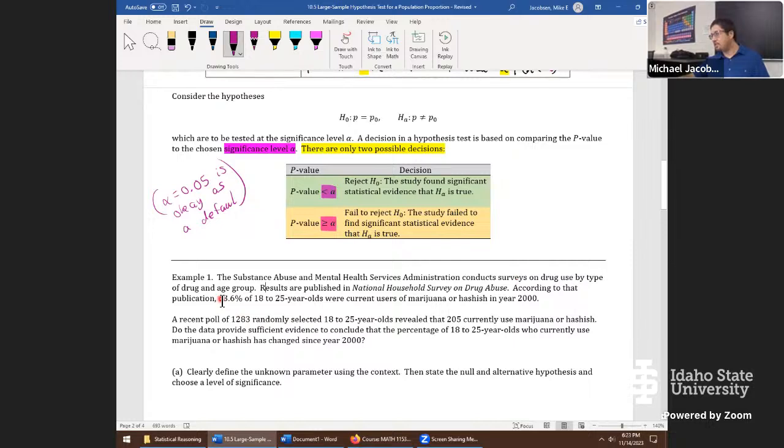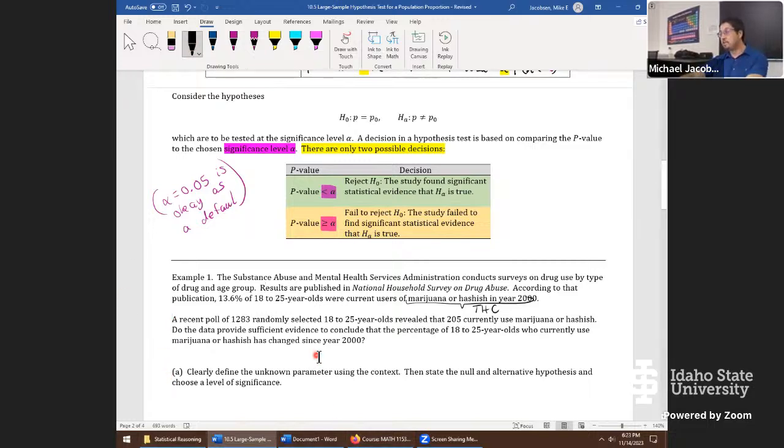And according to that publication, 13.6% of 18 to 25-year-olds were current users of marijuana or hashish in the year 2000. For this, current users of marijuana or hashish, let's just paraphrase that to just saying THC. I think that's a decent paraphrase on this problem.